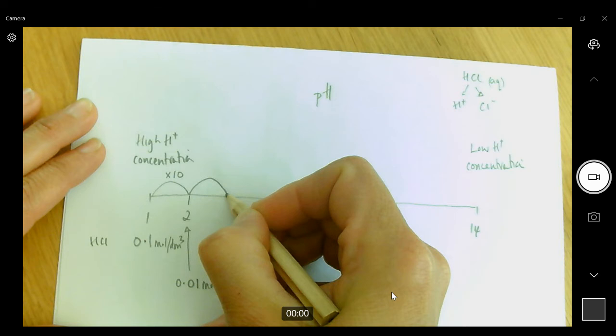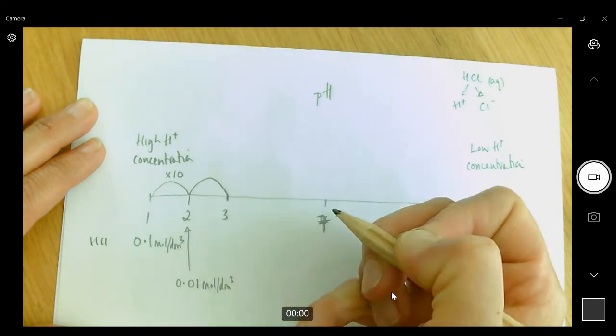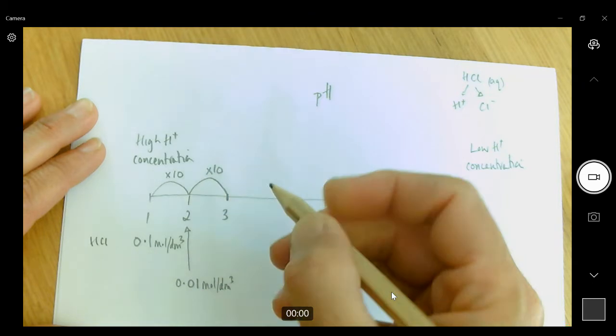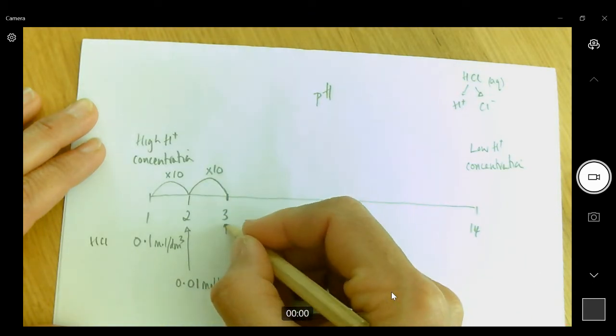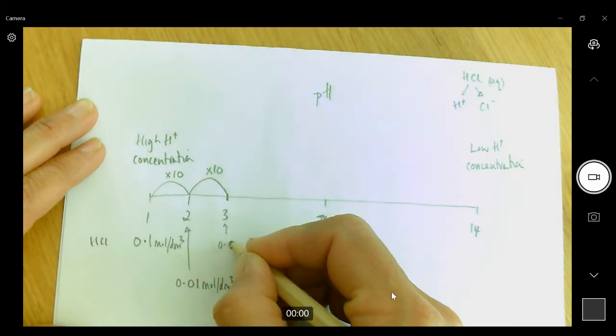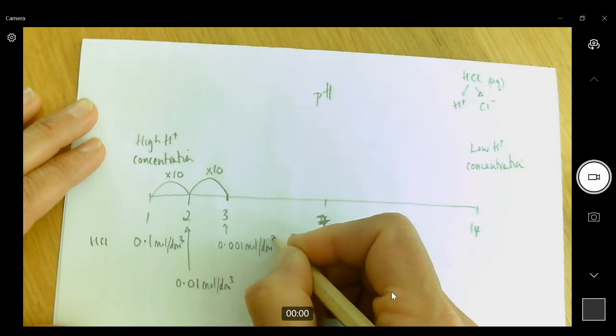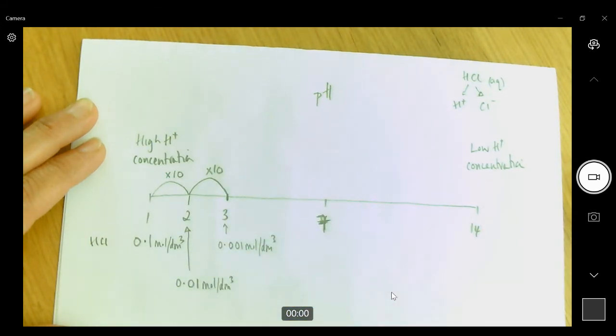And it follows that if I then want to make something that has a pH of 3, I need to dilute it by another factor of 10, and my concentration here would be 0.001 moles per decimeter cubed. And so that continues.